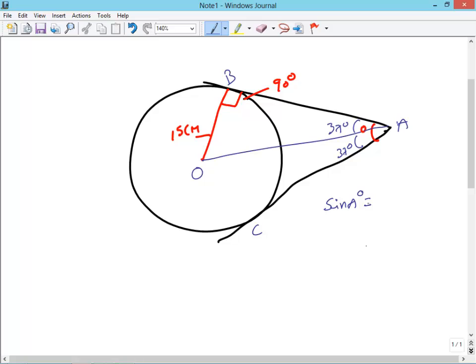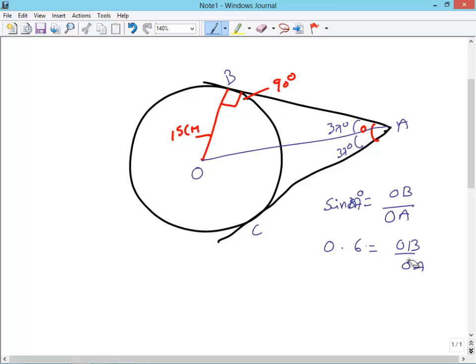What is the opposite side? OB. What is the hypotenuse? OA. Now, sin 37, A is 37 degrees, is given. Sin 37 is 0.6, that is equal to OB by OA.